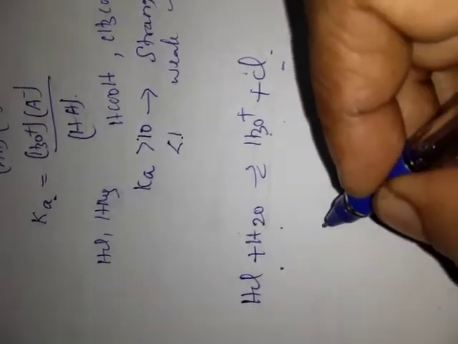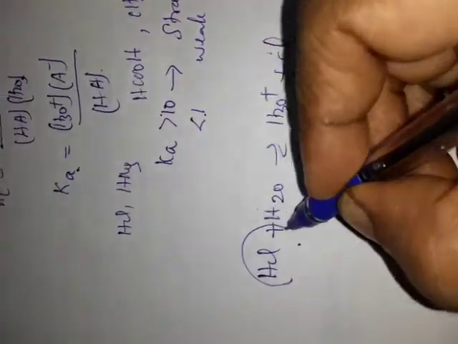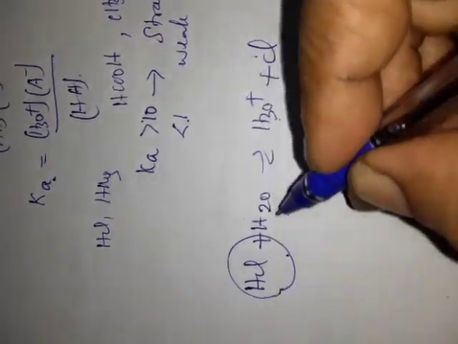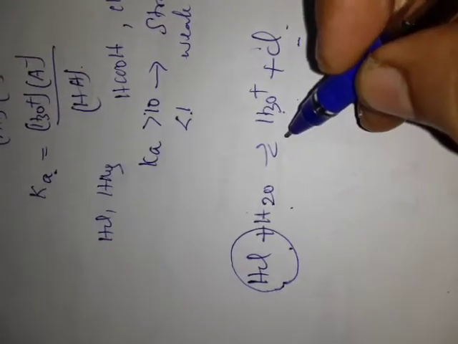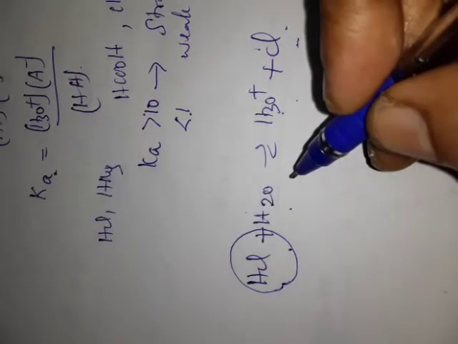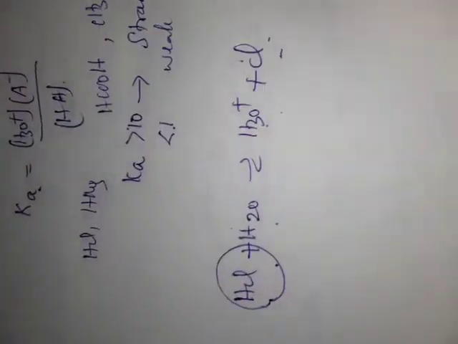Due to the complete dissociation, HCl is a strong acid, and the equilibrium lies almost 100% to the right.